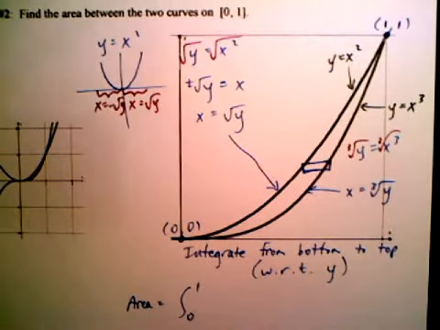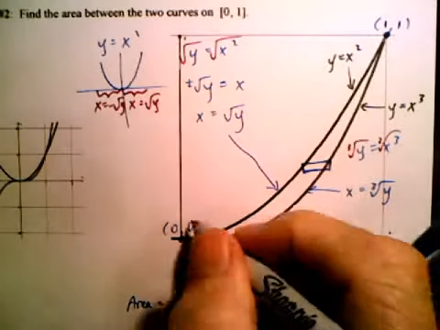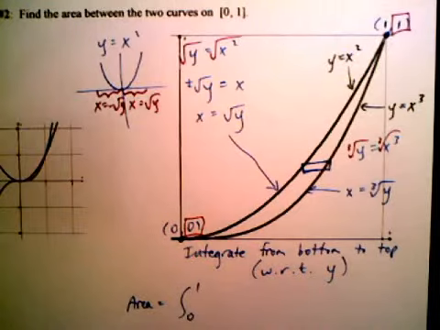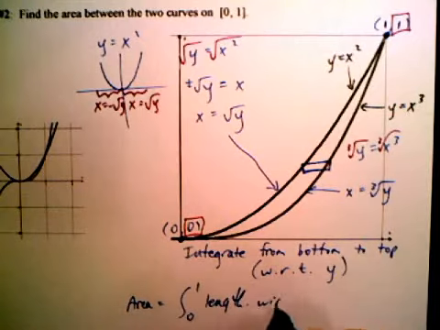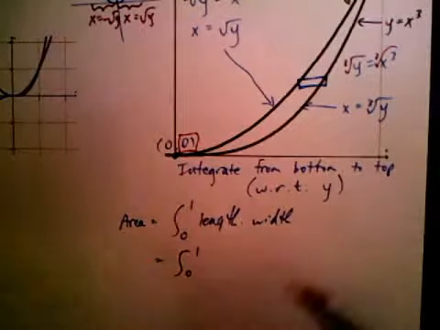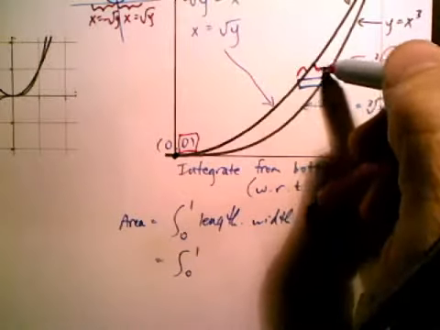But keep in mind, the 0 to 1, we're going from the y coordinate of this point to the y coordinate of that point. In this particular example, they just happen to be the same exact thing. So the length times the width, now it actually looks like a length. So 0 to 1, the length is this guy right here. That's why I took the time to do that in the first video.